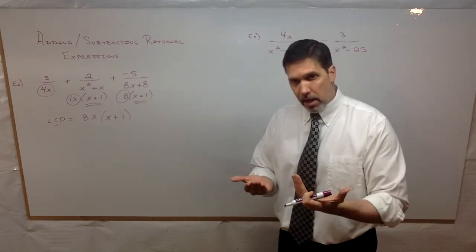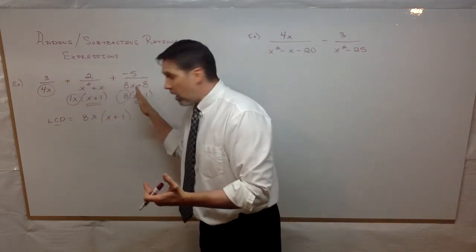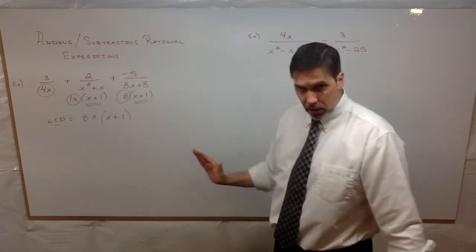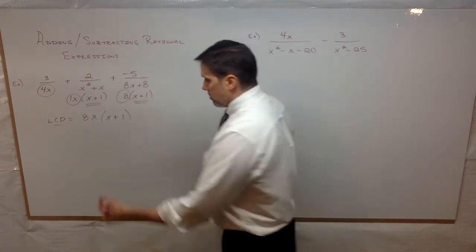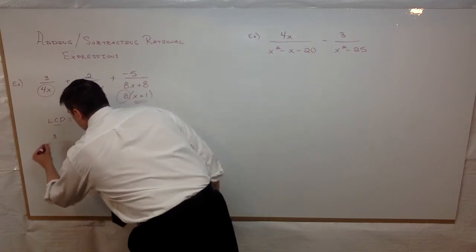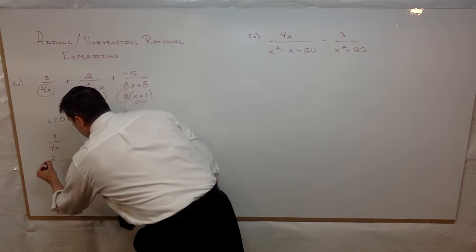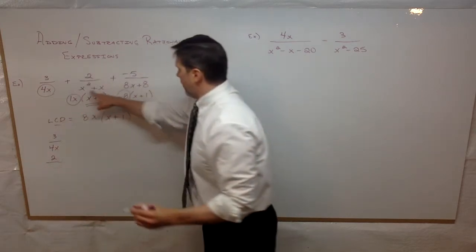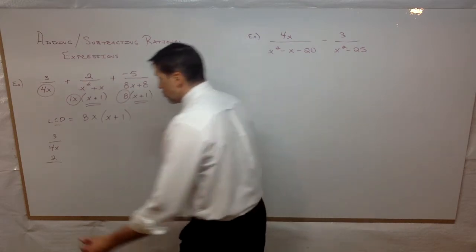Right? Now, having established that, I'm going to write each fraction underneath the other, and next to it, I'm going to write the equivalent fraction. Each of them is going to have this as their denominator. So we'll write 3 over 4x underneath that. 2, now I'm not going to write x squared plus x, write its factored form. It'll be a lot more useful to us.